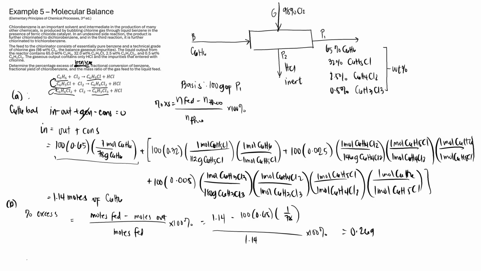So with that, I need to get Cl2. Okay. Cl2 balance. In minus out plus gen minus consumed. Not generated, it did not go out. So in is equal to consumed.